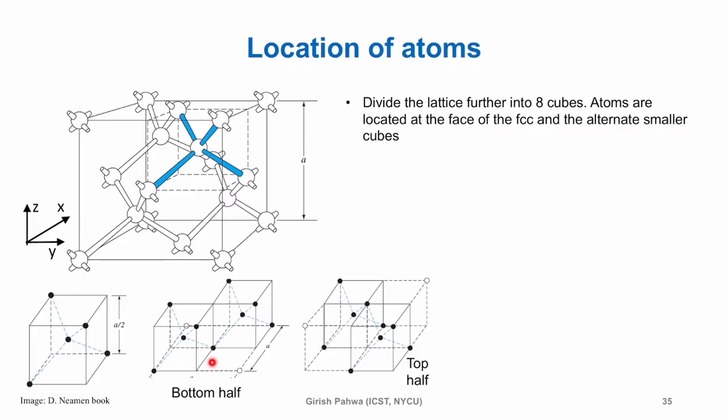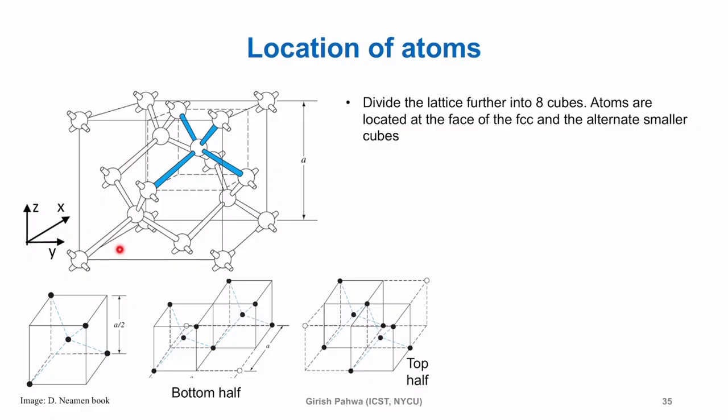Okay. Now look at which of these cubes have an inside atom. If I divide this in half and half, let me look at the bottom half first. So this corresponds to this. Yes, and then this is empty, the next one, and then there is another atom, this one. Okay, and when you go to the top, this has the atom, this is empty, there is nothing here, and then this is this, and this is empty somewhere here.